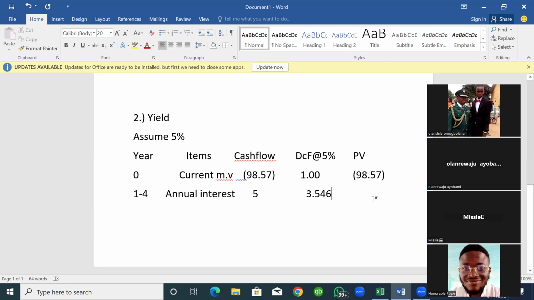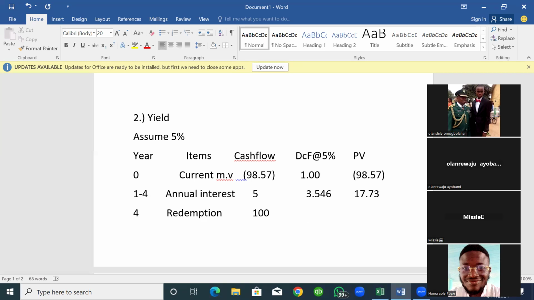3.546. What's our present value? 17.73. This is our present value. Then the last year we do year 4. We call it redemption. We recoup on the last year. Last year we recoup 100. Then discount factor for year 4, I think 0.726.